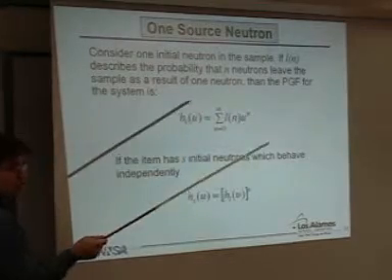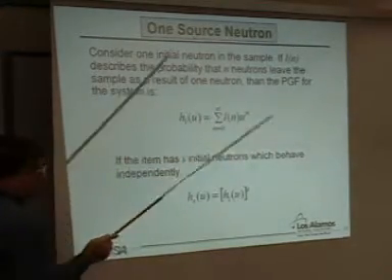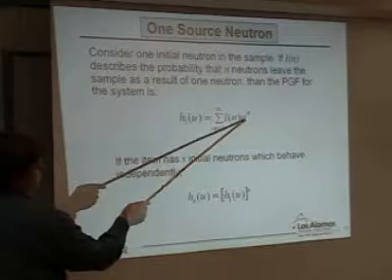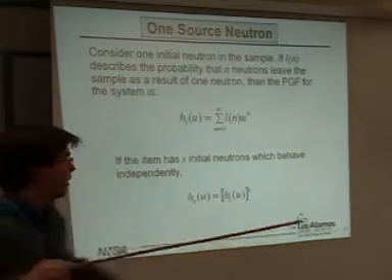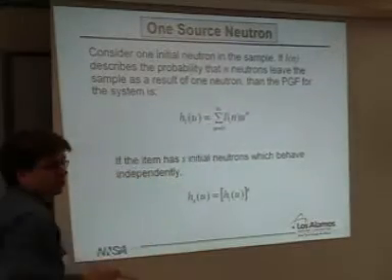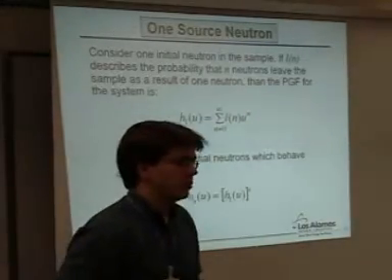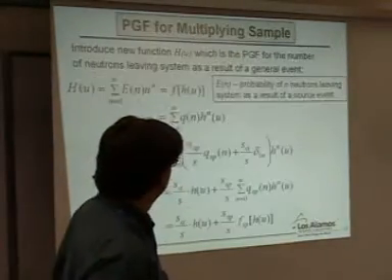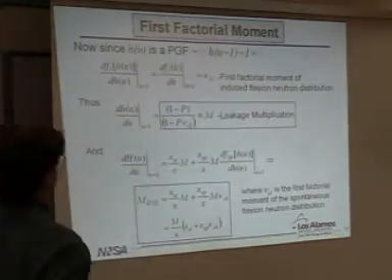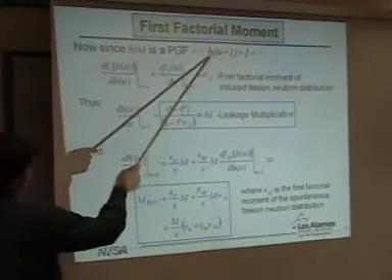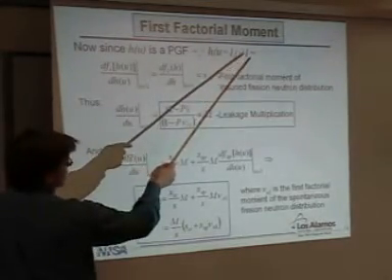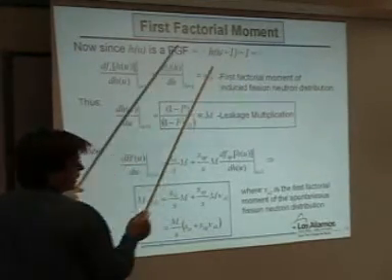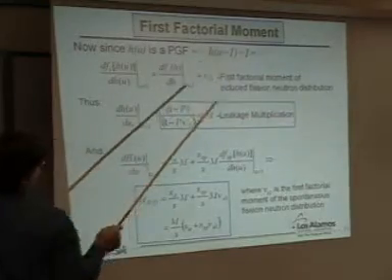And if it's properly normalized, this better be 1. In fact, it has to be 1 when U is equal to 1, because all I'm doing is summing all the possible probabilities that make this up, and that better equal 1. It's just a normalization of the probability. So again, for a probability generating function, when you set the dummy variable equal to 1, it's just equal to 1. That's just indicating that you've normalized your probabilities that make up the probability generating function.